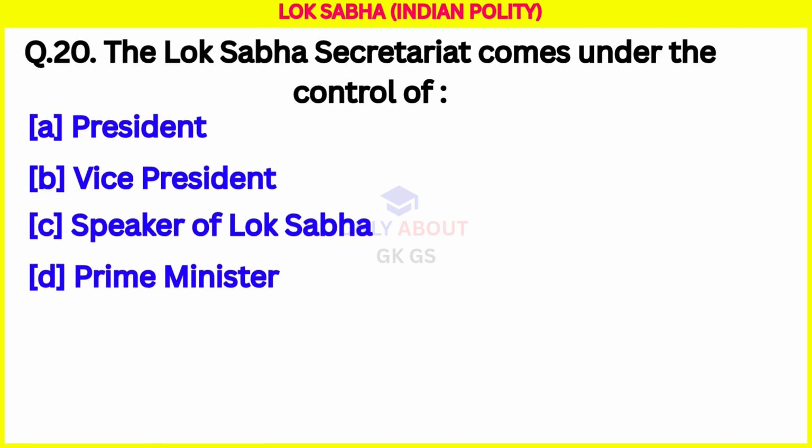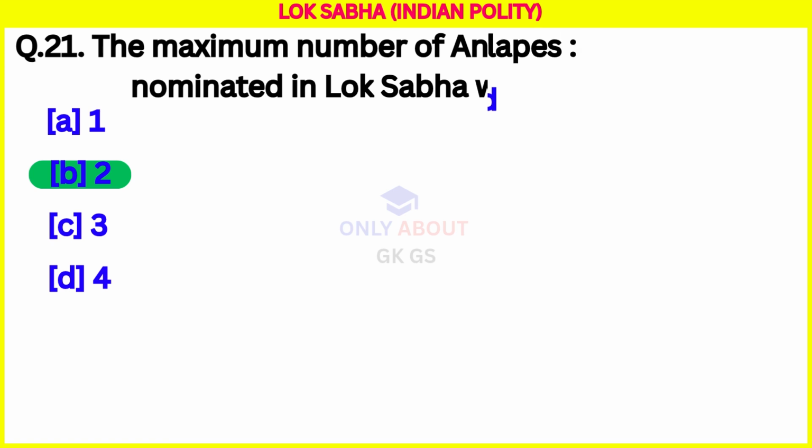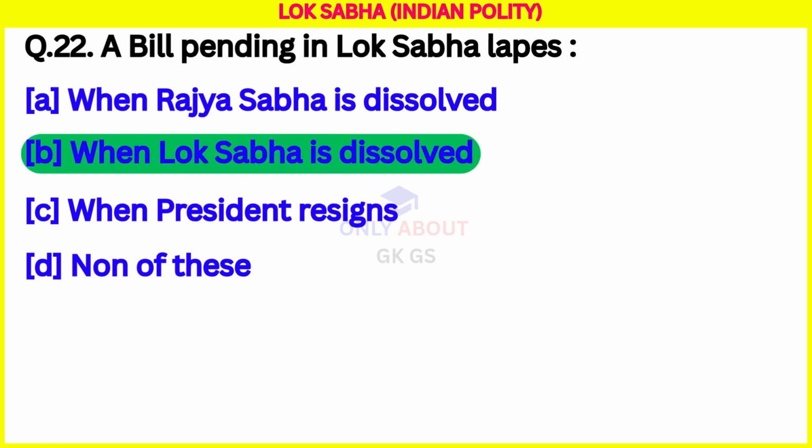The Lok Sabha Secretariat comes under the control of? Correct answer Speaker of Lok Sabha. Next question. The maximum number of Anglo-Indians nominated in Lok Sabha was? Correct answer 2. Next question. A bill pending in Lok Sabha lapses? Correct answer when Lok Sabha is dissolved.